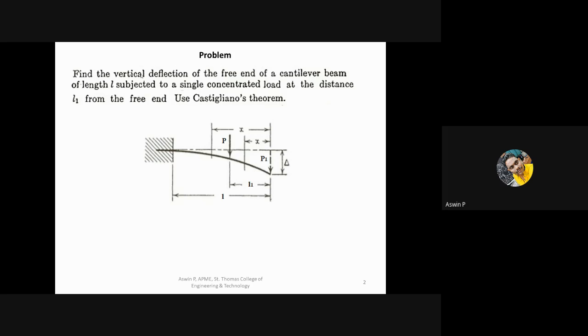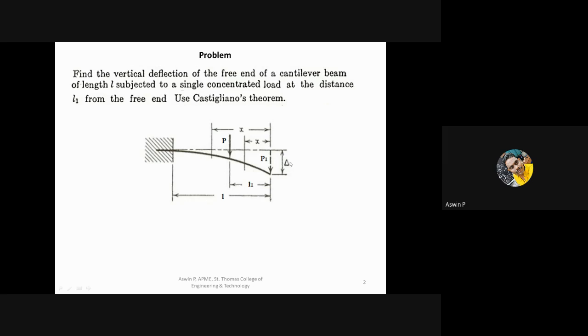After that, you have to draw the figure. From the question itself, you can understand that there is a support. The cantilever beam is supported at this end, and the total length of the cantilever beam is L, and there is a bending from the normal axis, that is delta.